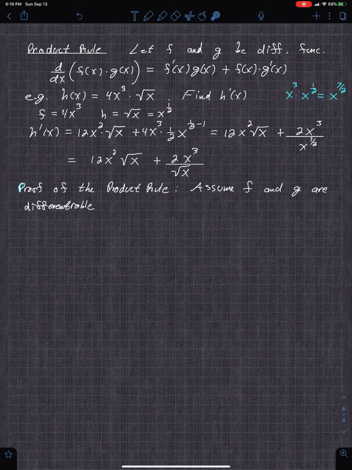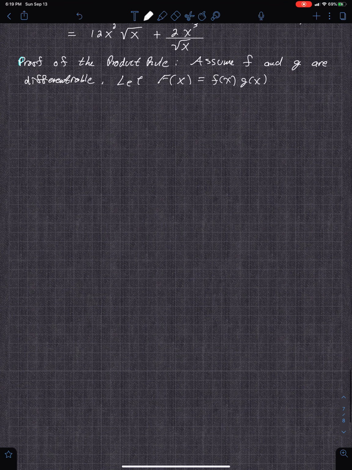Okay, so what I'm going to say now is, I want to let capital F(x), this is just for notation purposes, equal f(x) times g(x), like that. Just to kind of show you what happens. So F prime of x, then by definition, is the limit of F(x+h), I'll use h this time, minus F(x) all over h, as h approaches what? 0, yes.